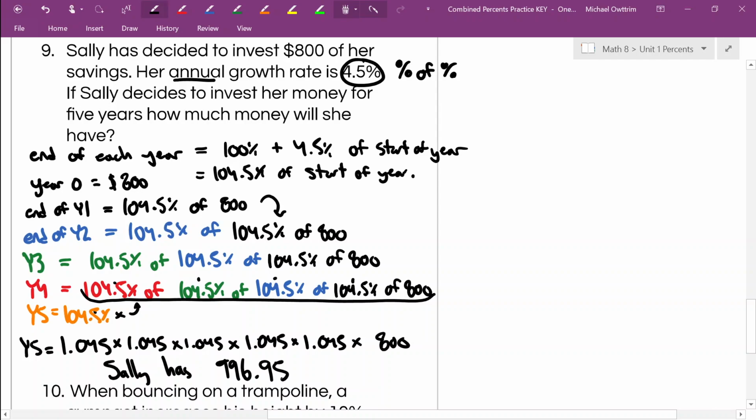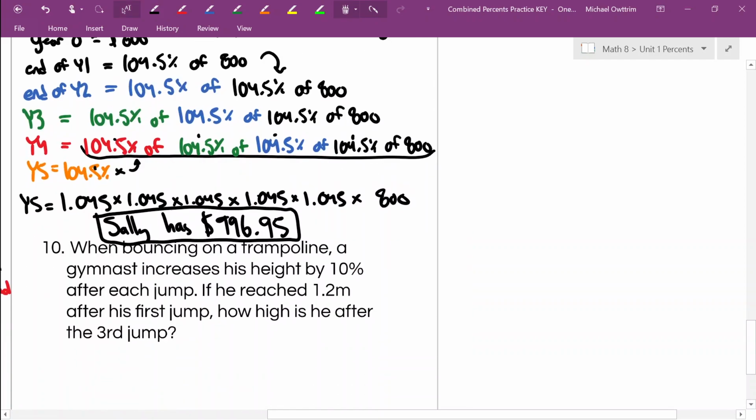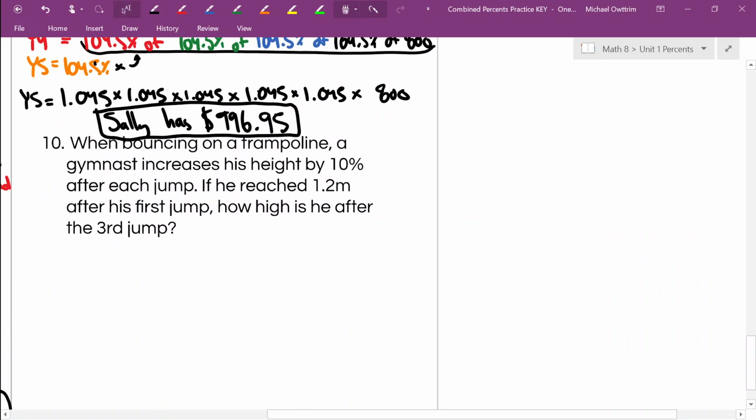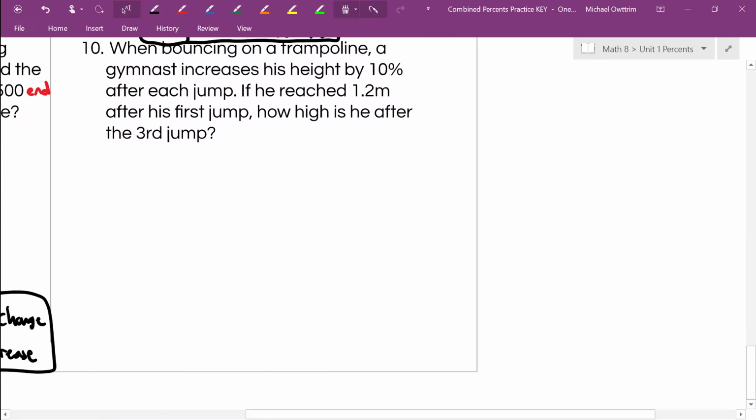The 45 is going to round up to just a 5 at the end of year 5. So this is that classic percent of a percent, where each year we're 104.5% of the previous year, but the previous year itself was 104.5% of something else, so we're stacking those percents of percents. The fancy name for this is composite interest.